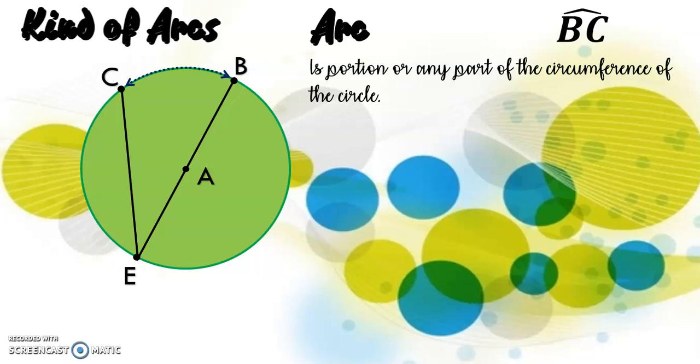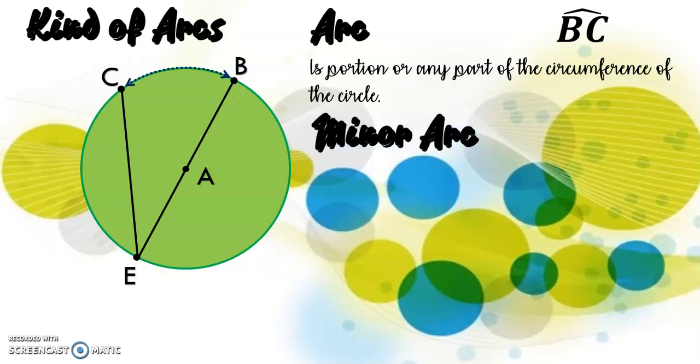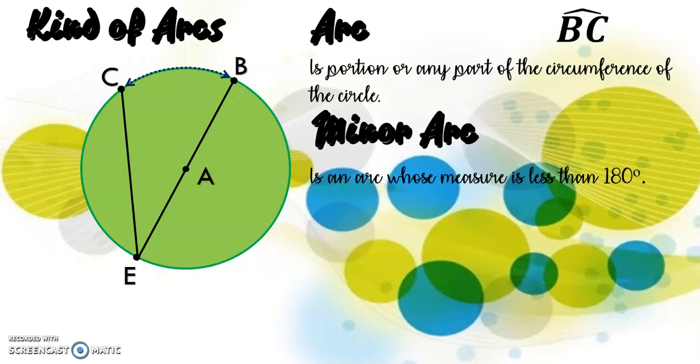There are different kinds of arcs. First is what we call the minor arc. A minor arc is an arc whose measure is less than 180 degrees. So arc BC is an example of a minor arc.